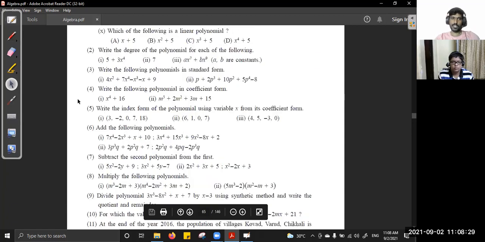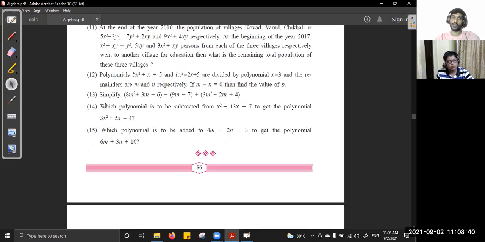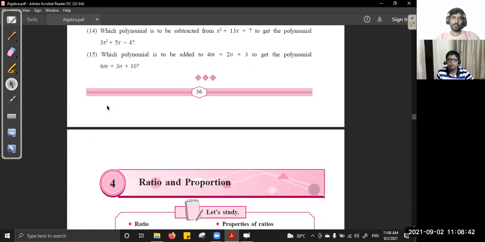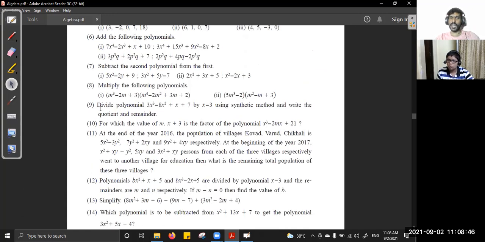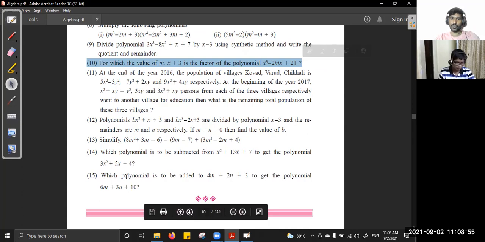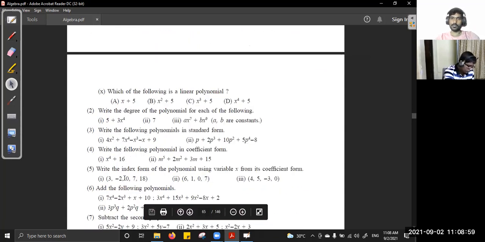Problem set: did you solve all the sums which I had told you to? No? Okay. So try solving all the sums of the problem set, at least till question number 10. Questions 11 to 15, if you don't do them it's okay, but try them.